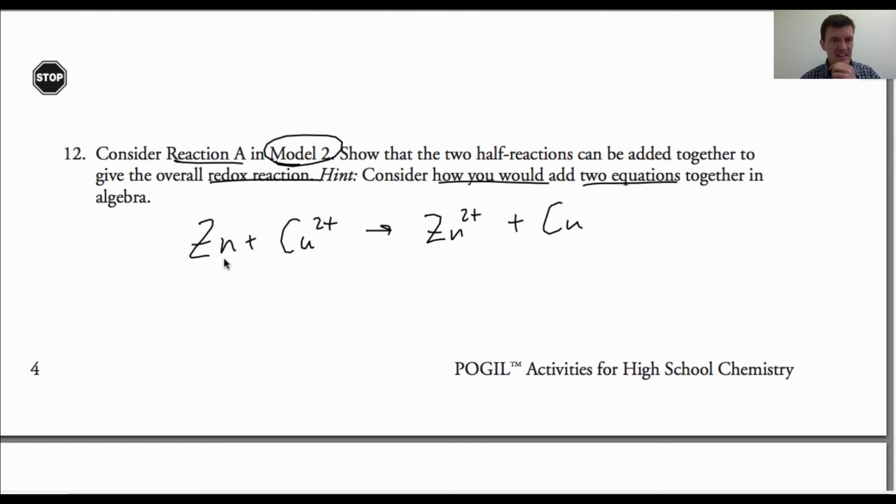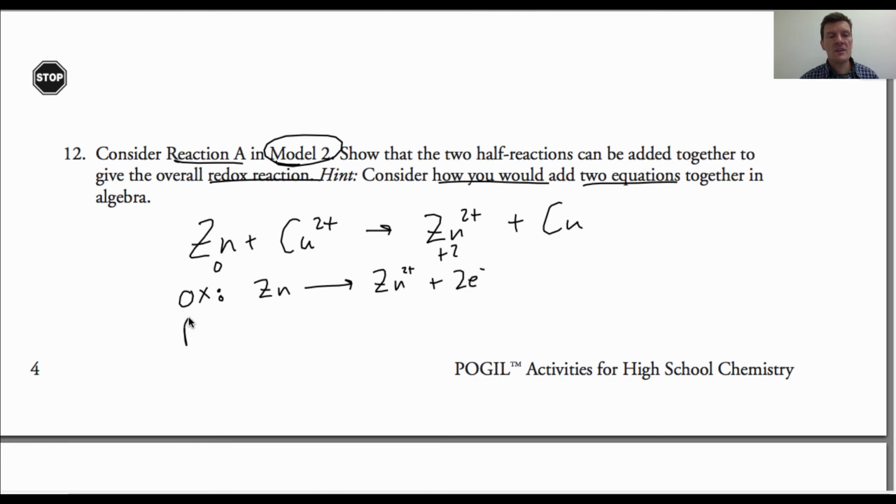So let's go back to the half reactions. The half reactions were: the zinc is going from 0 to +2, so it's going up. That's the oxidation. Oxidation part is zinc. Elemental zinc is going to turn into zinc 2+ ion by losing 2 electrons.